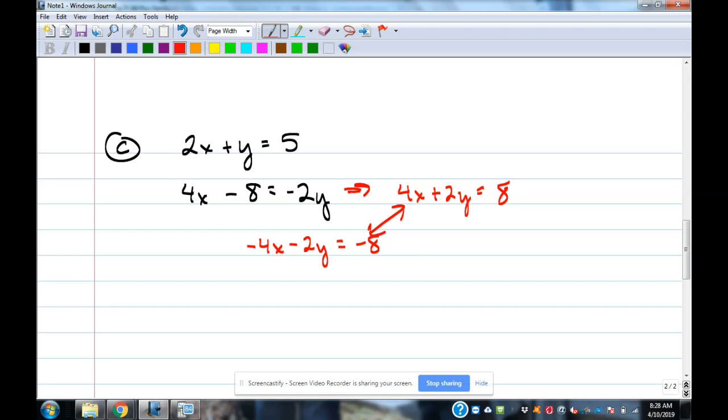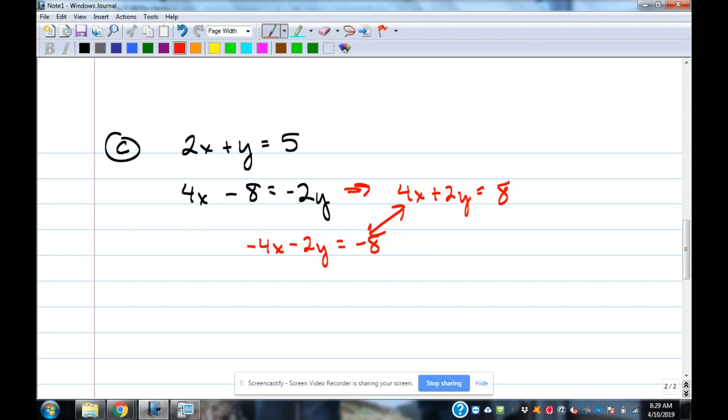The top one there is all positives, right? And the bottom one's all negatives. So they're equivalent because if you just divide the second one by negative 1, you get back to that. So that makes it legal to do. No matter which way you move things around, even if the signs are different, as long as you're getting X's and Y's on the same side and your process is mathematically legal, it's going to work out okay.